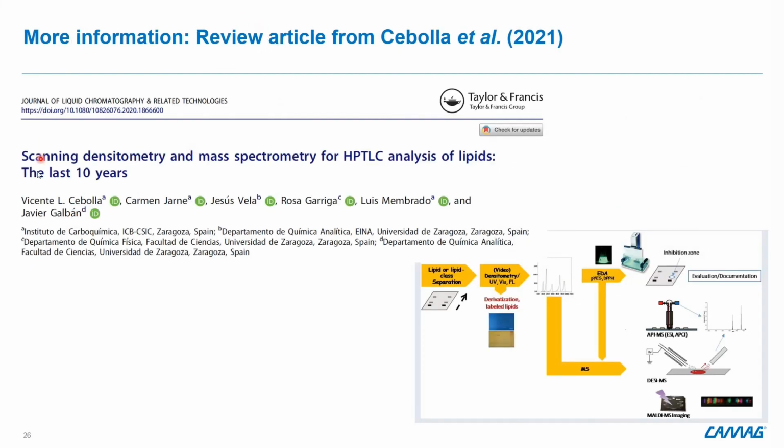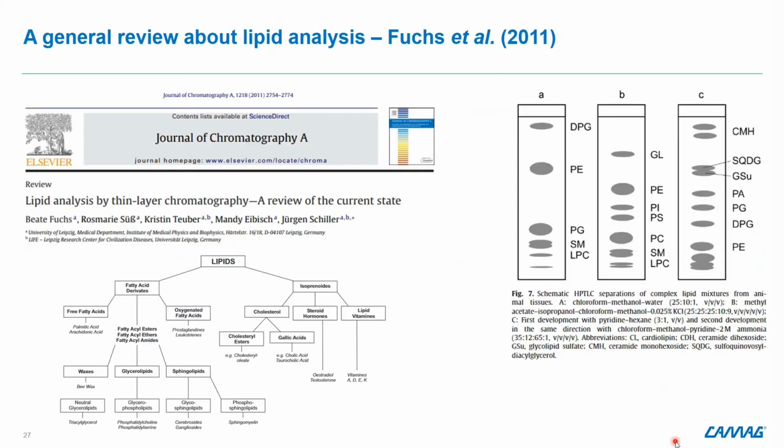And this review article published last year from Vicente Cebolla and co-authors gives a good overview about the current state of lipidomics and application for HPTLC-MS. It also describes different coupling possibilities. The general review about lipid analysis by HPTLC, written by Fuchs et al., is a good source of methods for the separation and analysis of different classes of lipids.